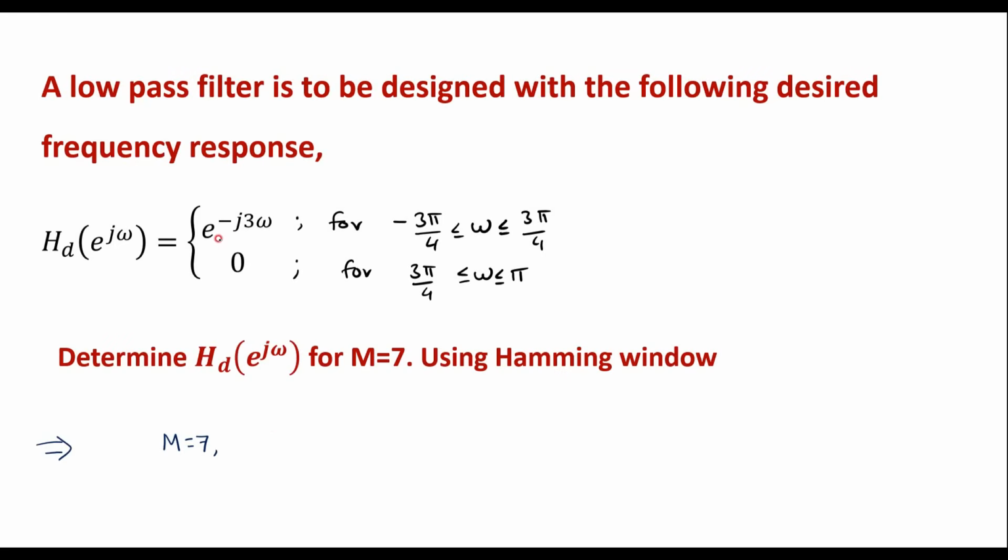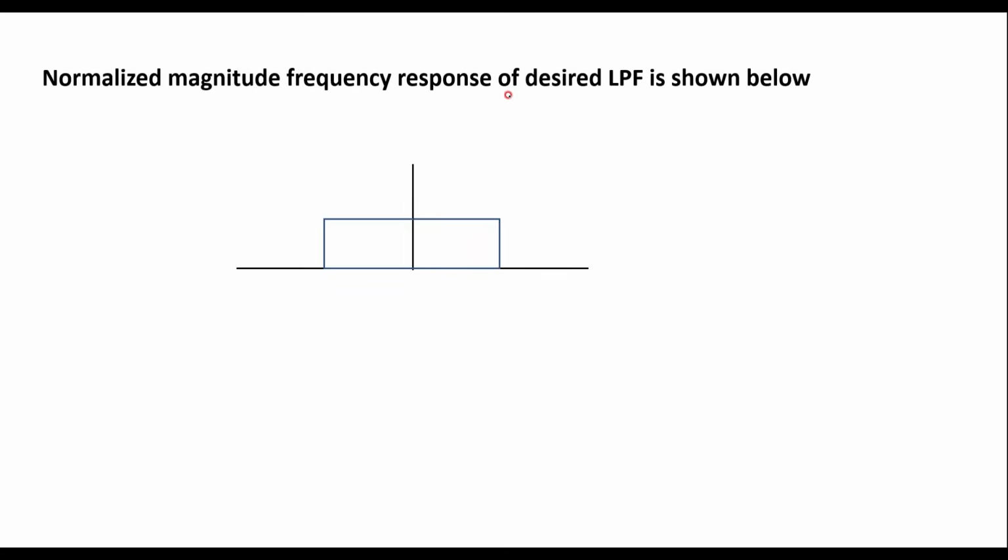it is of the form e^{-jτω}. Tau is given, that is, the normalized magnitude frequency response of the desired low-pass filter is shown below. This is H_d(e^{jω}), and this is omega.